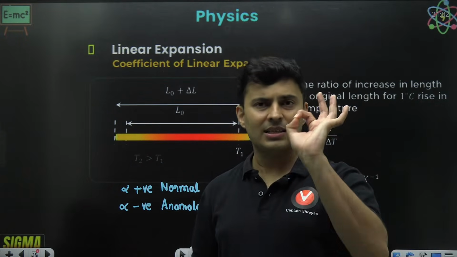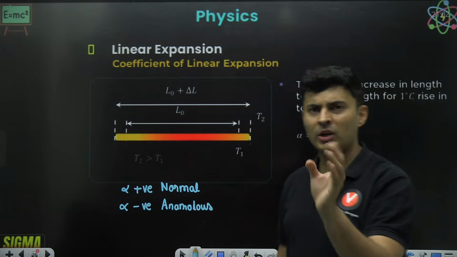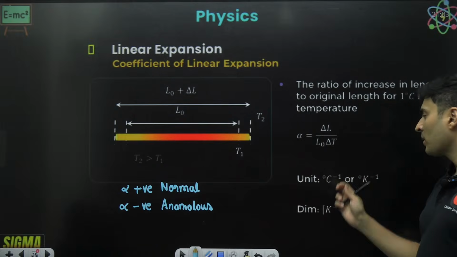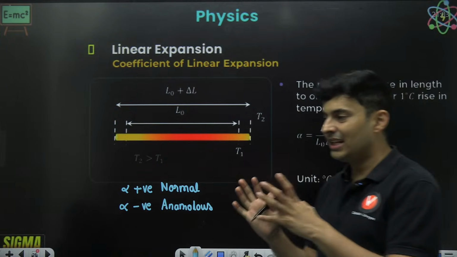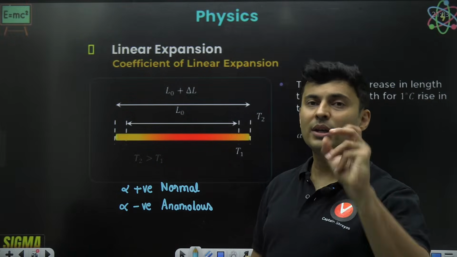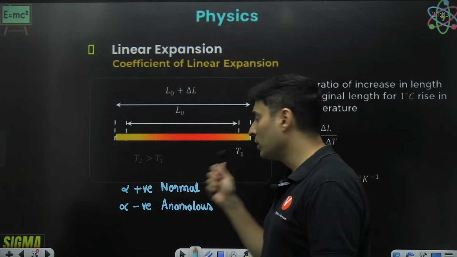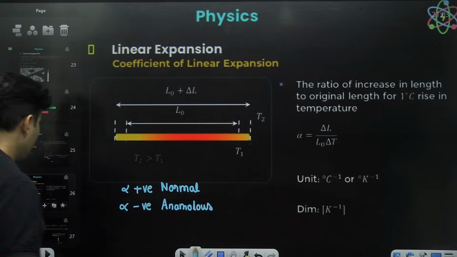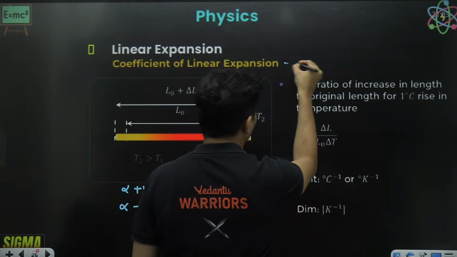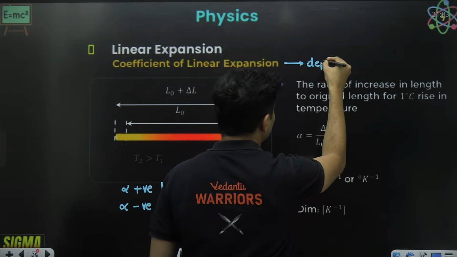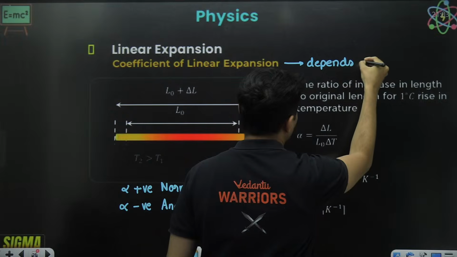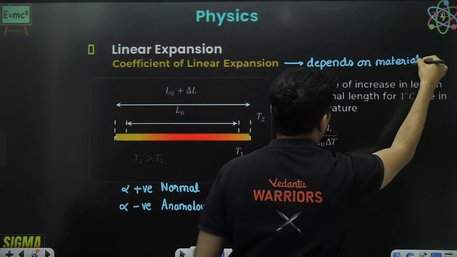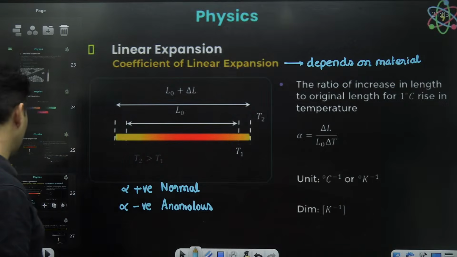So if it is abnormal or anomalous behavior, alpha will be negative because when you increase the temperature, the length will decrease, which is not what you would expect usually for a normal solid or a liquid. Keep that in mind. Okay. So this alpha also depends on the material of solid or liquid as such. All right.